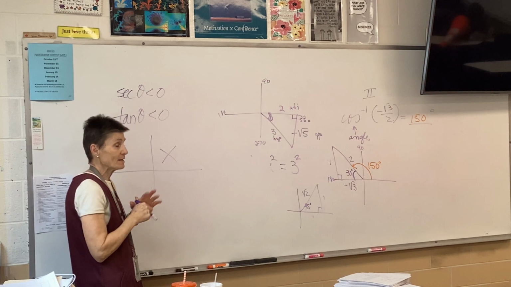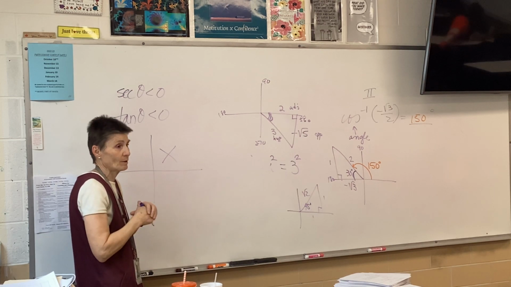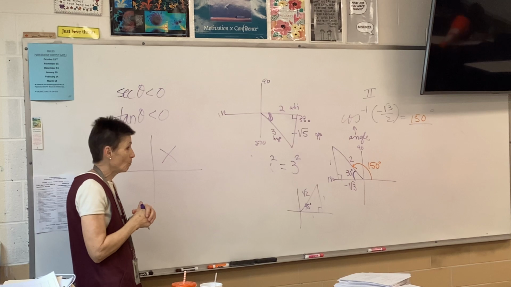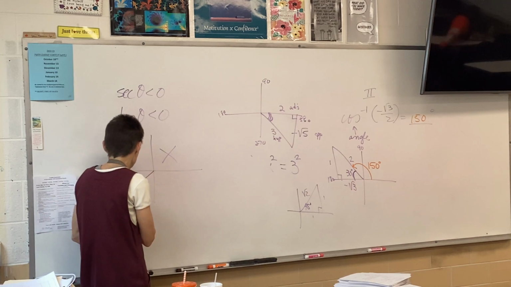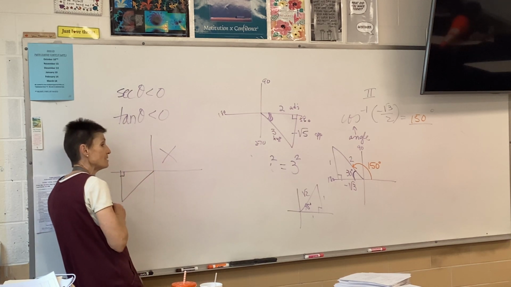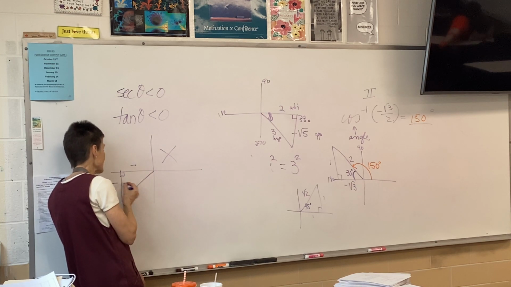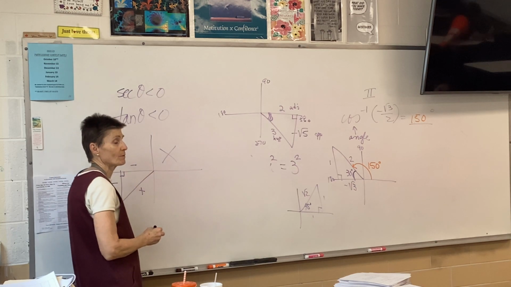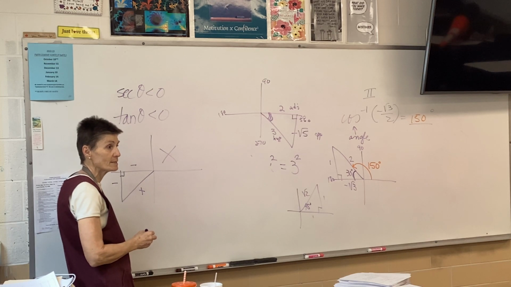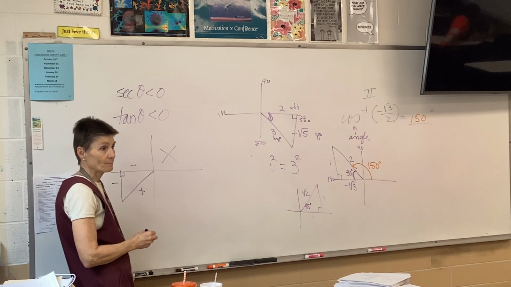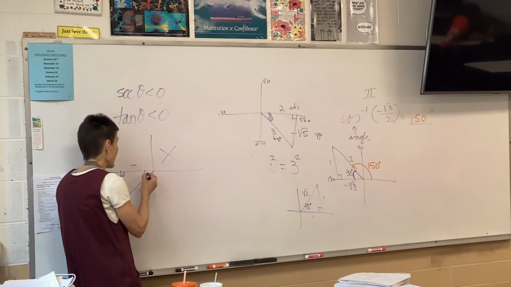So, if you don't have any other plan, just pick a quadrant. 3. All right, let's pick 3. In quadrant 3, I know this is negative, and this is positive. Remember, the hypotenuse is always positive. So here's your angle.